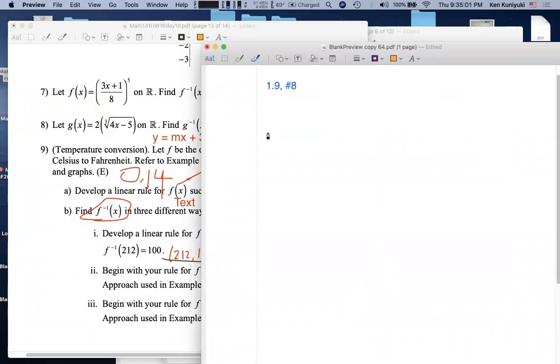So on this one here, the original was y equals 2 times the cube root of 4x minus 5.